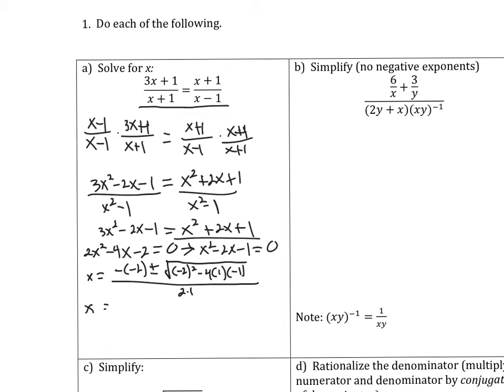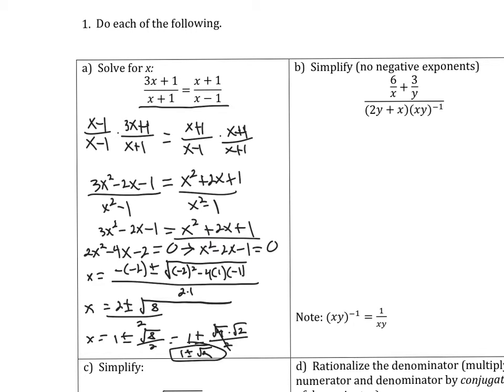That gives us x is equal to positive 2 plus or minus the square root of 4 plus 4, so we get 8 here, over 2. That gives us x is equal to 1 plus or minus the square root of 8 over 2, which is equal to 1 plus or minus the square root of 4 times the square root of 2 over 2. These just cancel out, so we end up with 1 plus or minus the square root of 2 as our final solution.